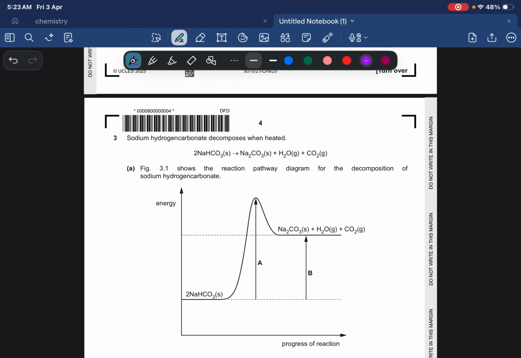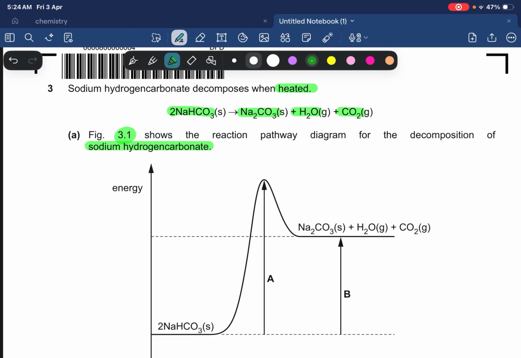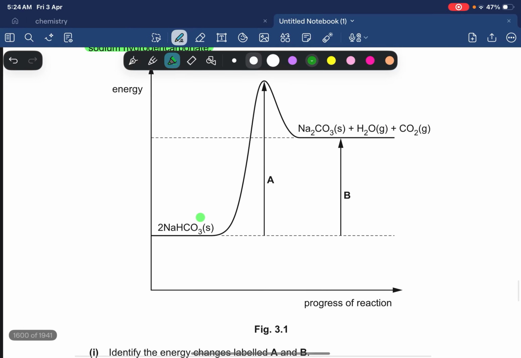Sodium hydrogen carbonate decomposes when heated. This is our compound. It is decomposing to form sodium carbonate, water, and carbon dioxide. Figure 3.1 shows the reaction pathway diagram for the decomposition of sodium hydrogen carbonate. So this is my sodium hydrogen carbonate. It is decomposing.